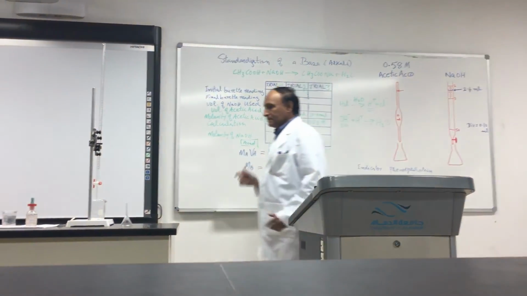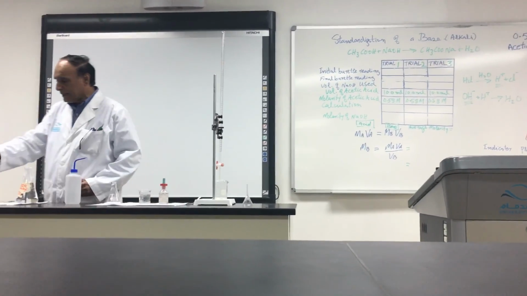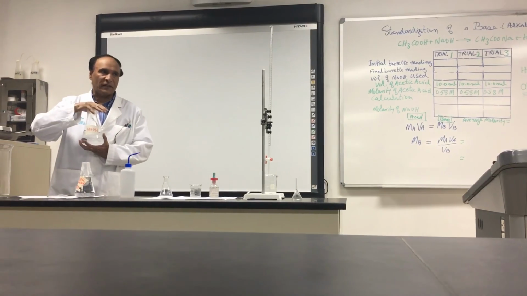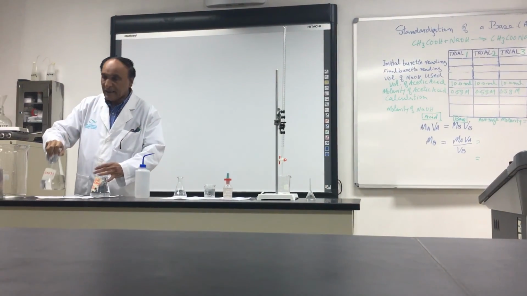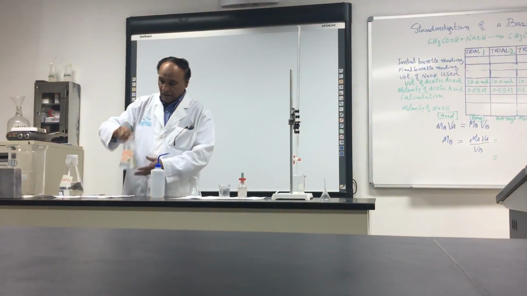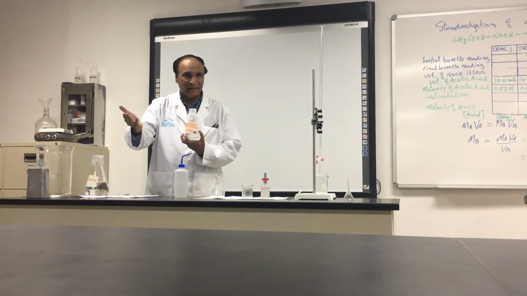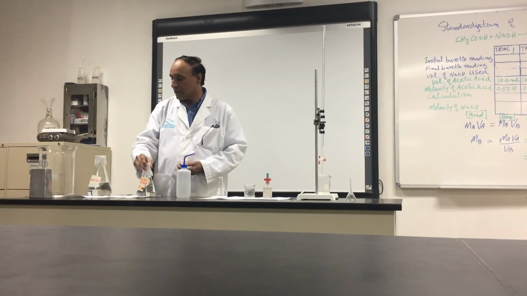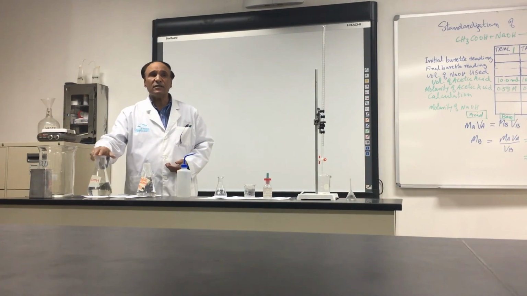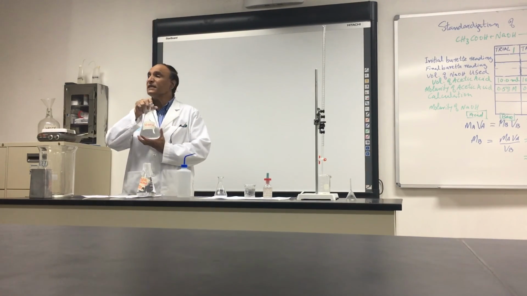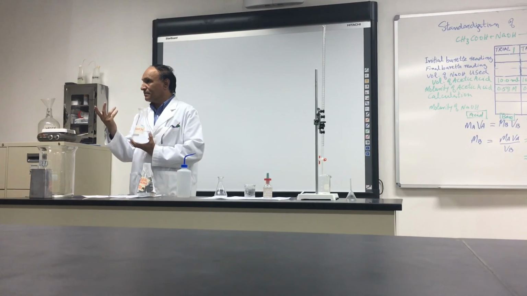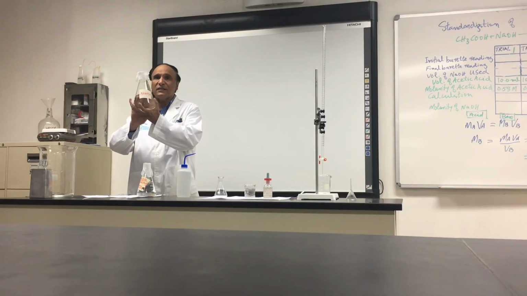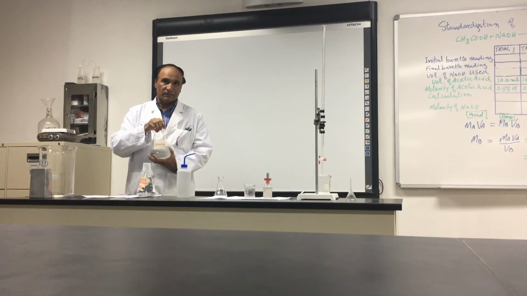Here is the base which accepts hydrogen ion. Here is an acid which gives hydrogen ion. What is the experiment today? The experiment is to find the concentration of this base. What is the concentration of this? We want to find out.